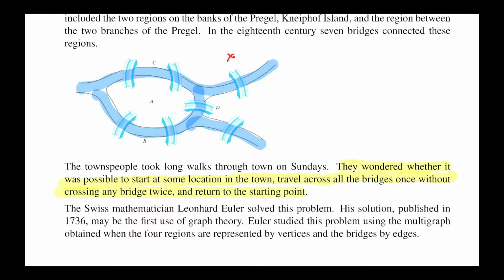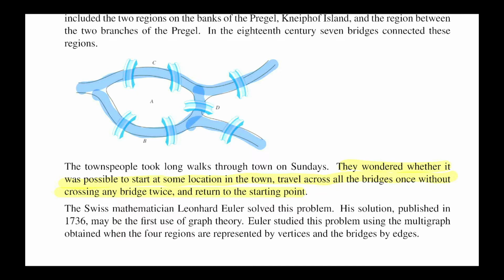Try again. Maybe we go here, here, here, here, here, here. Okay, we're back in the middle. We're stuck again. We didn't use this bridge. You could keep trying to solve it, and it doesn't look like it's solvable.